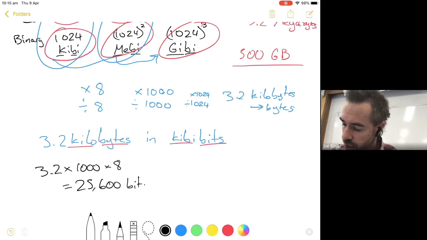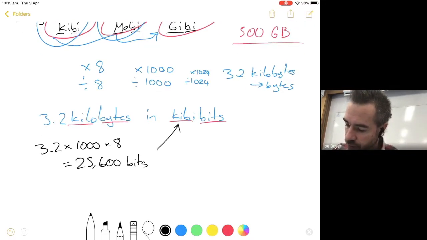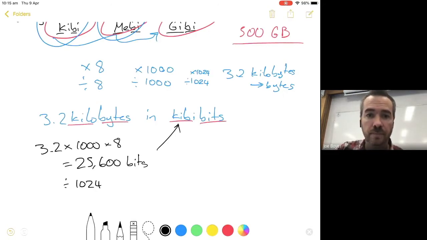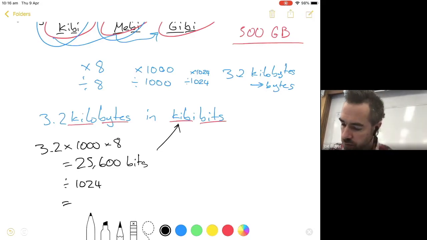We need to change that into kibibits, so I'm going to take that number and divide it by 1024, because 1024 is our kibi prefix. Type that into my calculator, divided by 1024, and that gives me an answer of 25. That's it.